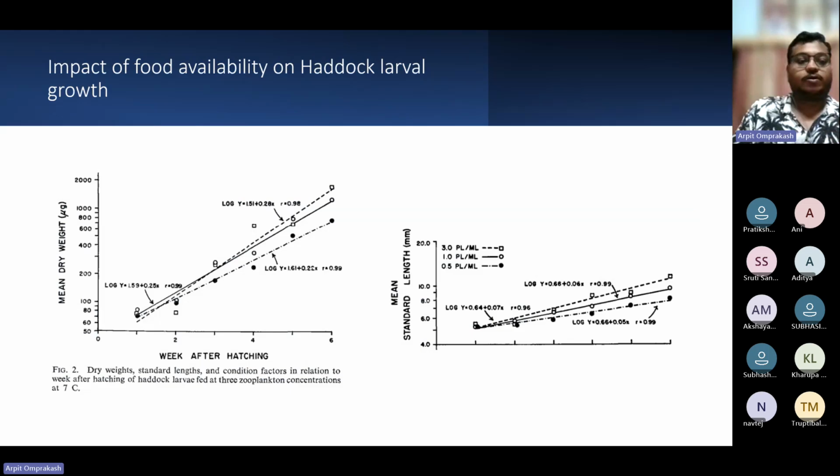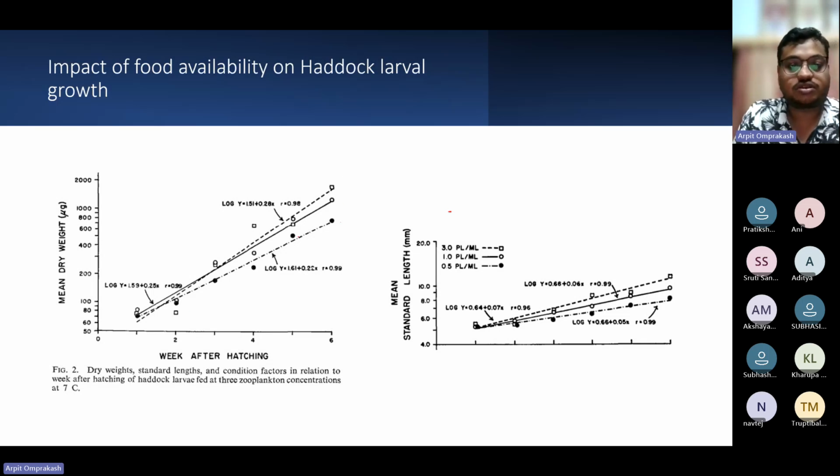Right. People have also shown that these three lines represent three different concentrations of plankton in water. Here is 0.5, the lowest one, the line below both of these; then it's 1, and then it's 3. So this is increasing concentration.